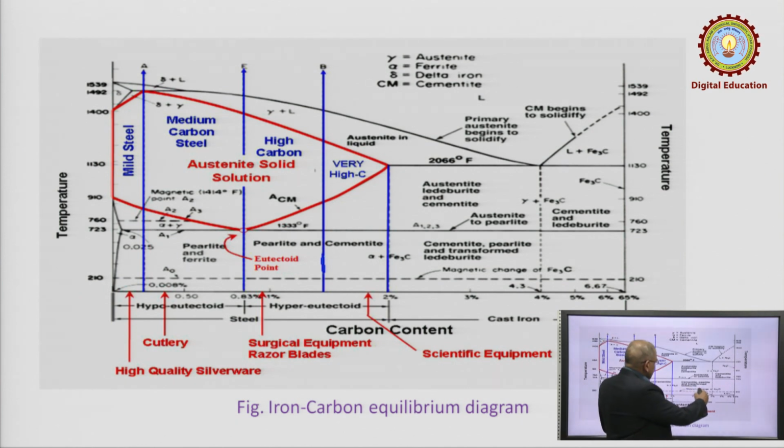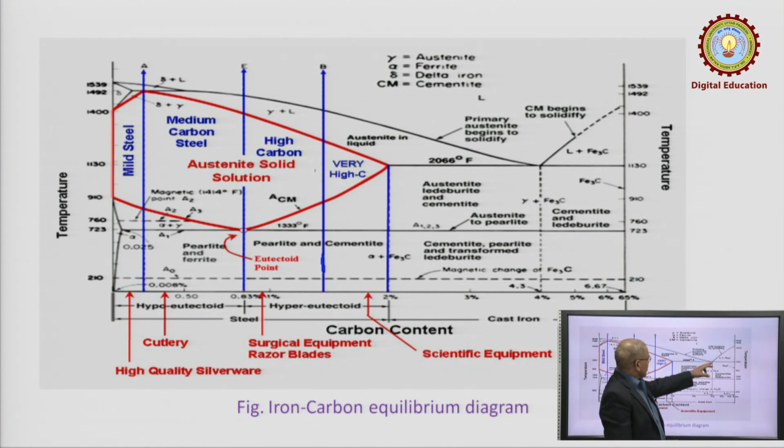But when the carbon percentage continues increasing beyond 4.3, again you find a rise in melting point. So, the minimum melting point occurs here at 1130 degree centigrade, and this point is referred to as the eutectic point.